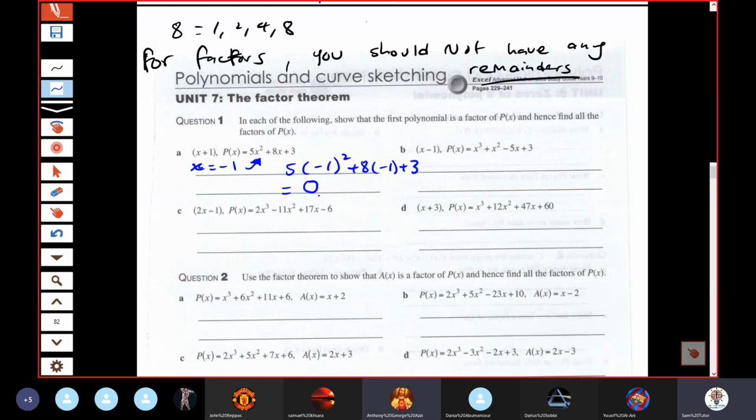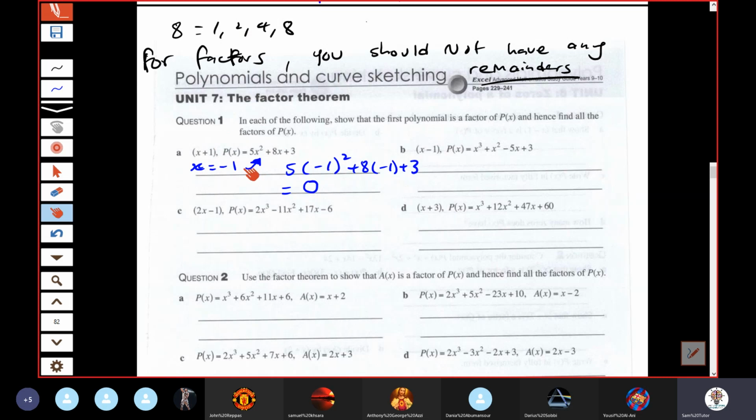Why? Why must the remainder be 0? Because I'm trying to show that it's a factor, right? When you do 8 divided by 2, are there any remainders? No. So that's the logic.